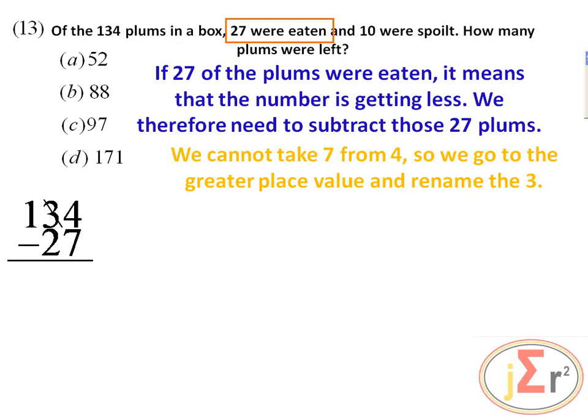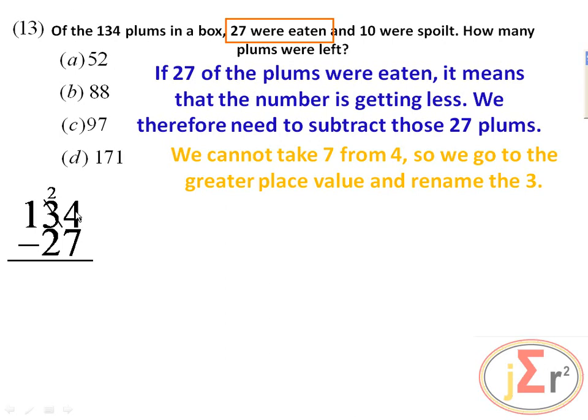So we rename this 3, removing 1 from here. That's 2. But it is 10 times the one that we remove right here, because it is of the greater place value. It is 10 times the place value that we have here. So instead of 1 being added to this 4, we have 10 added to the 4.